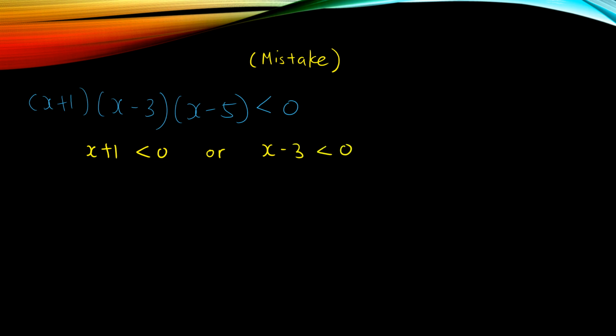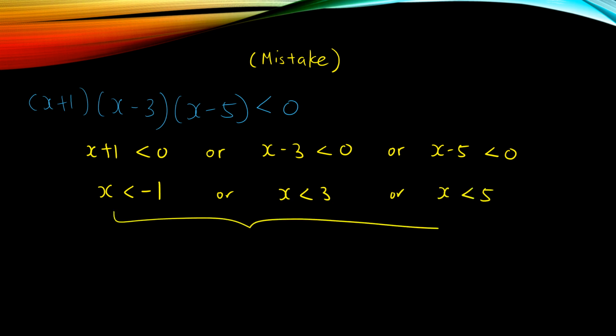So they will say x plus 1 is less than 0, or x minus 3 is less than 0, or x minus 5 is less than 0. So x must be less than negative 1, or x is less than 3, or x is less than 5. And they take the union of these 3 solution sets and conclude that therefore x must be less than 5.